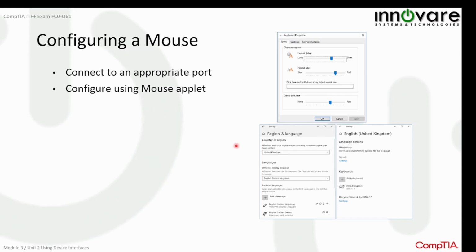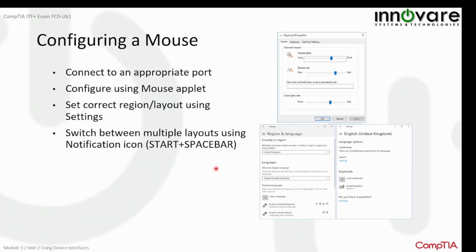When you are using a mouse or a keyboard, you need to plug it into the correct port, configure it with an applet, and then adjust the regional layout settings. You can also switch between layouts using a shortcut: you press the Start key and the space bar. There are combinations to control it.